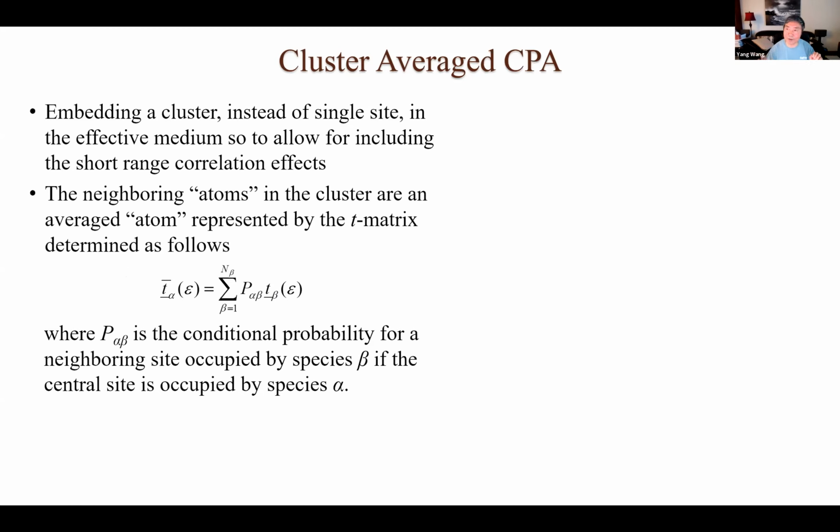The average atom is based on the probability of the surrounding atoms, given that the central atom is alpha. That's a conditional probability: what's the probability of the other species occupying a neighboring site? So we average over the T matrix, because we know exactly how to calculate the T matrix for a given atomic species. Because we know the potential for a given atom, we can calculate its T matrix. This probability is related to the short-range order parameters.